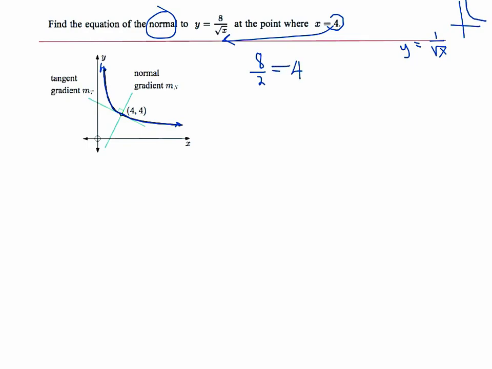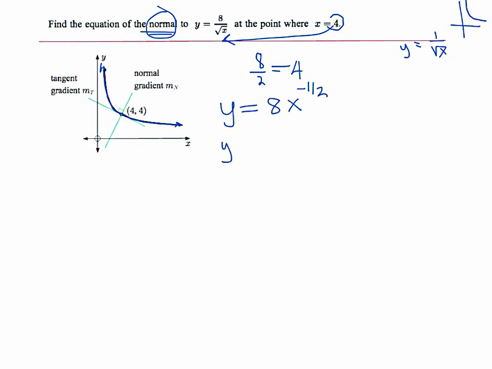So (4, 4) is the point that we're going to be working with. To find the normal, we first need to find the slope of the tangent line. So y is equal to 8 over square root of x, which we can rewrite as 8 times x to the negative half power.